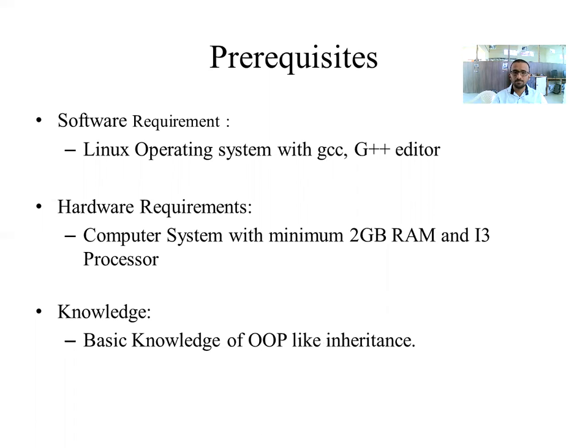The knowledge prerequisite is basic knowledge of OOPS concepts, like inheritance. Today's practical totally depends on the inheritance concept, so it is very important that one should know the inheritance concept in detail to implement today's program.